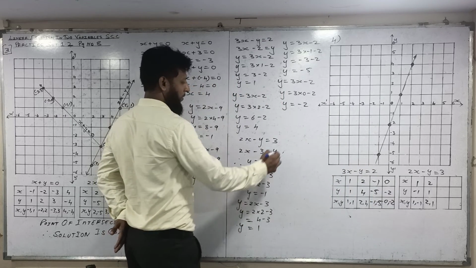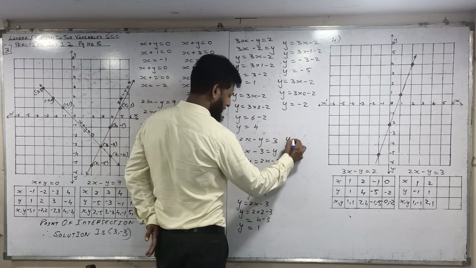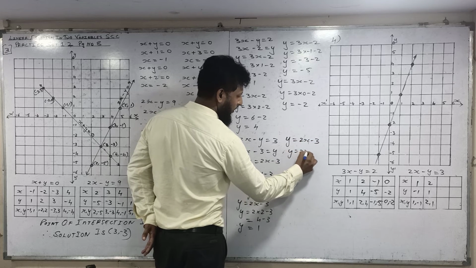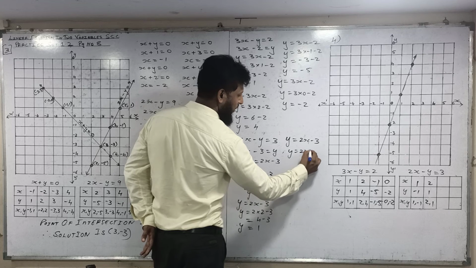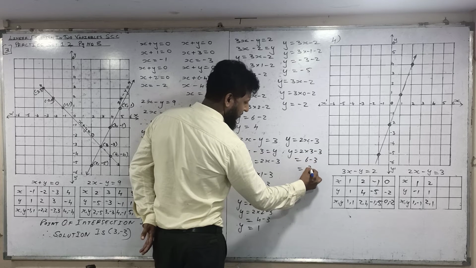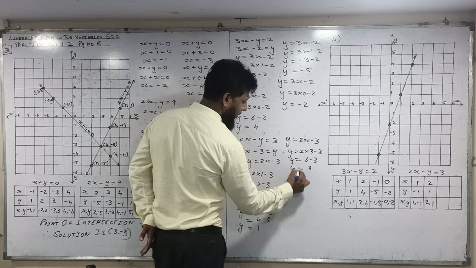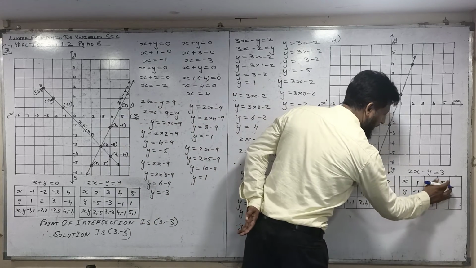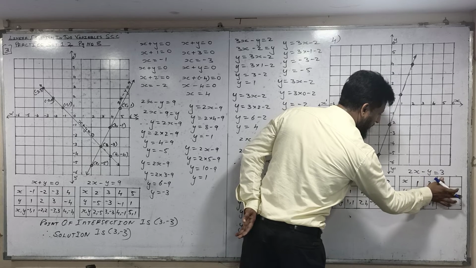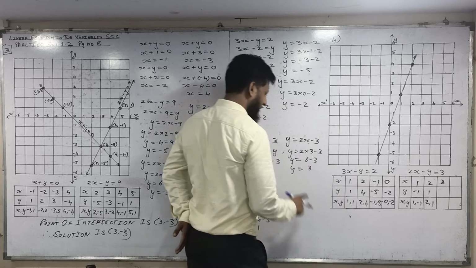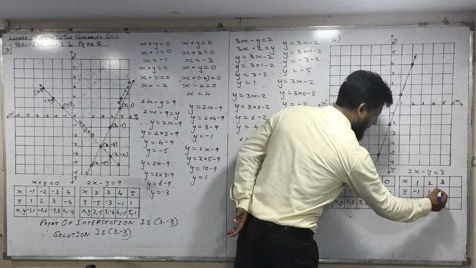Now here y is equal to 2x minus 3. So again you can take x value 3, 2 times 3 is 6 minus 3, 6 minus 3, 3. So y is equal to 3. If you have taken x value 3, y value also 3.